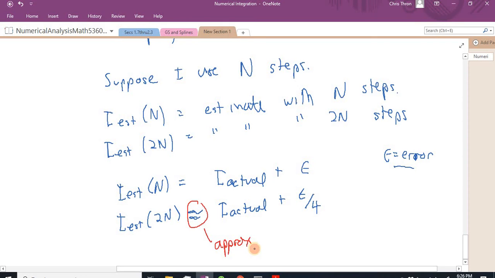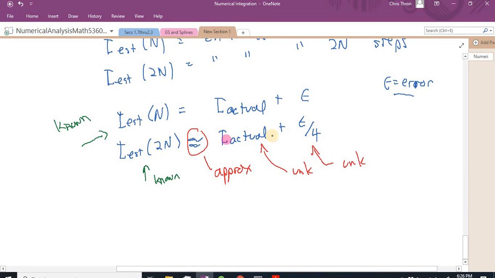So this is unknown, this is unknown, this is known, this is what you would compute, and this is also known. So I can go ahead and solve for I actual. In fact, the best way to do that would be to multiply the second term by 4 and subtract, and that gets rid of the epsilon. It's just cancellation. Okay.